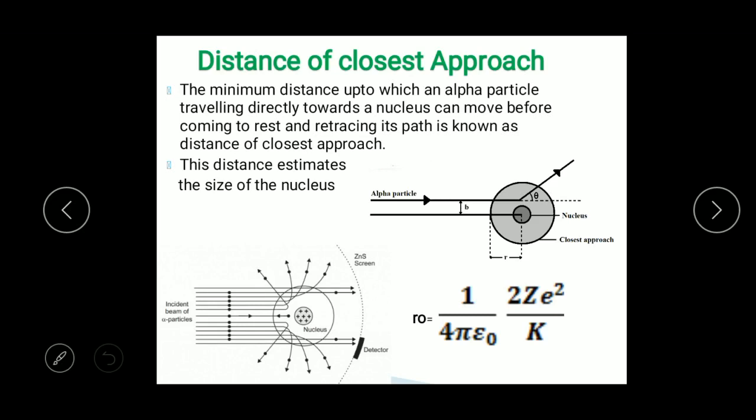That minimum distance it can travel from the nucleus is called the distance of closest approach. For example, up to this point an alpha particle can reach, and after this it retraces its original path. The distance from the nucleus up to the point it reaches is the distance of closest approach. This distance gives an idea about the size of the nucleus.